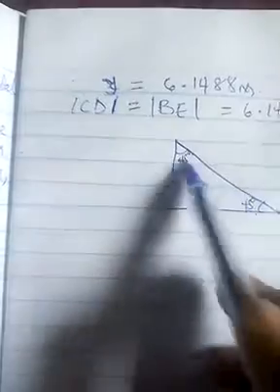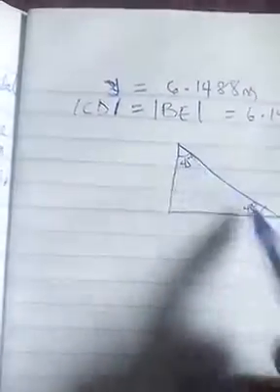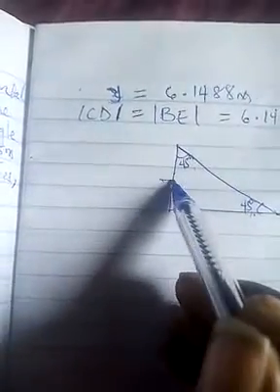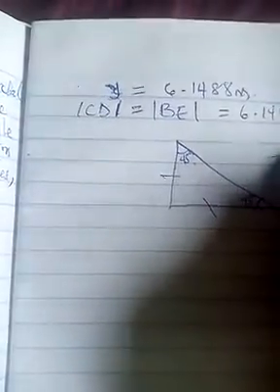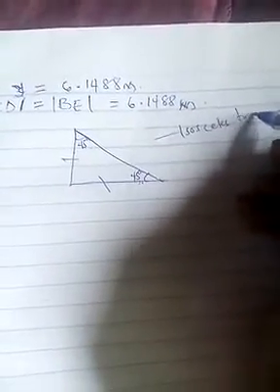Now if this is 45 degree, definitely this place is also going to be 45 degree, telling us that it's a right angle triangle. When we have same angle, then we are going to have same side. That leads us to an isosceles triangle.